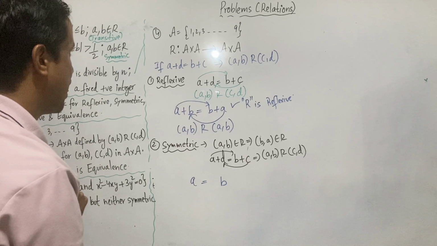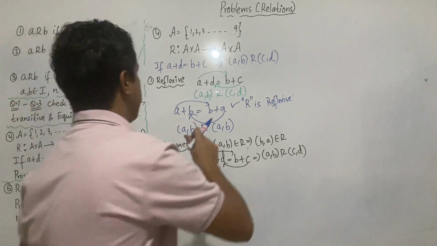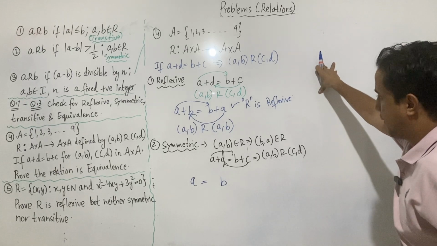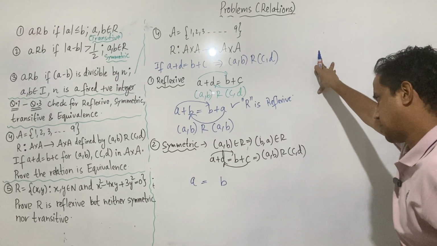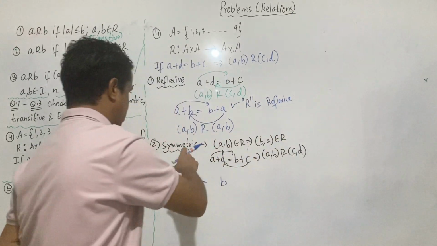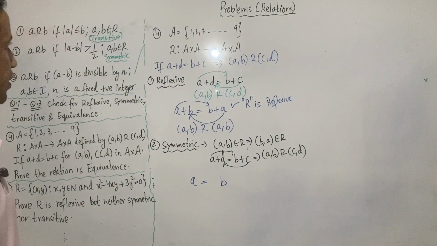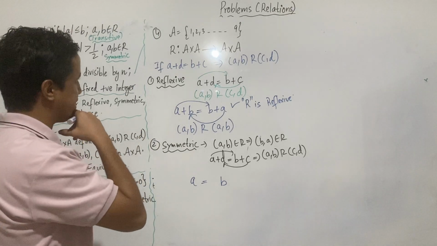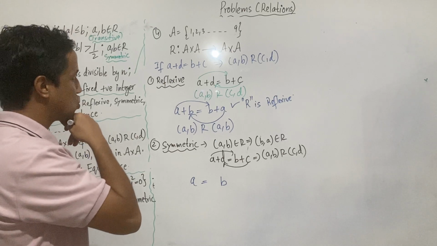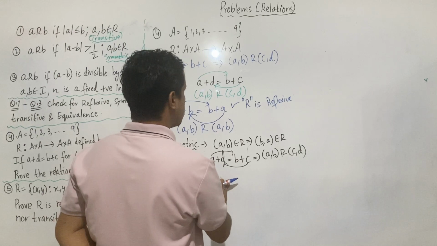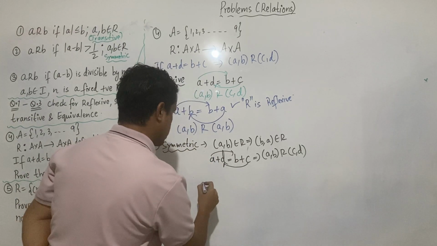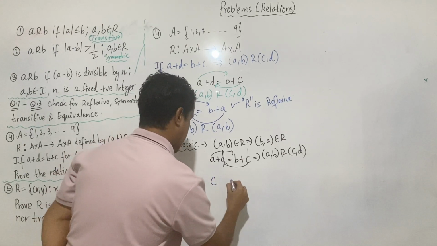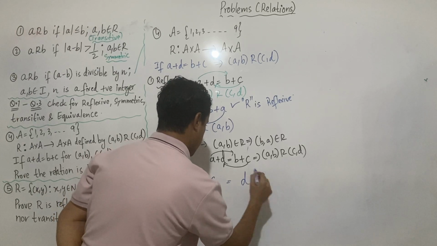If my AB is related to CD, then CD must be related to AB.